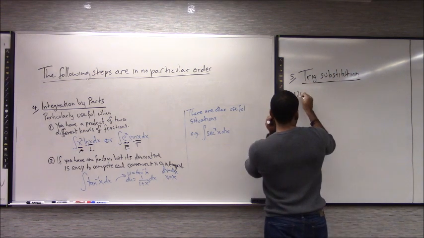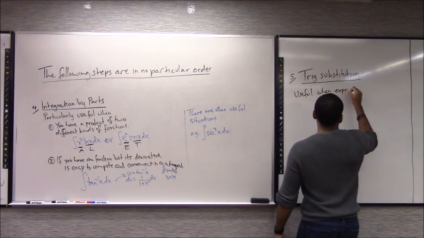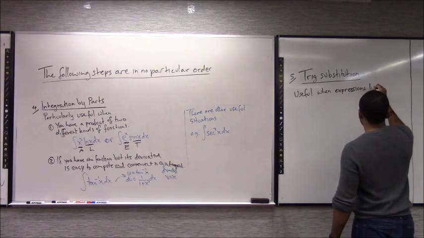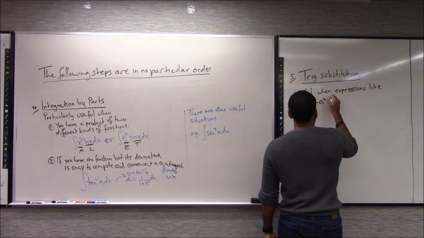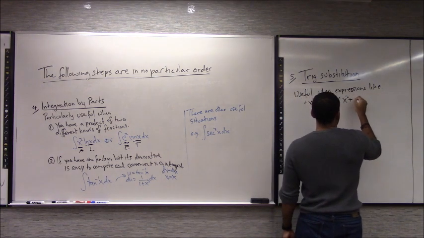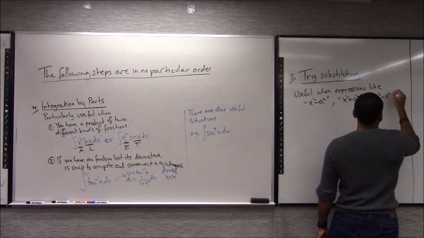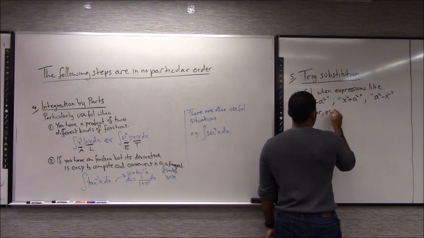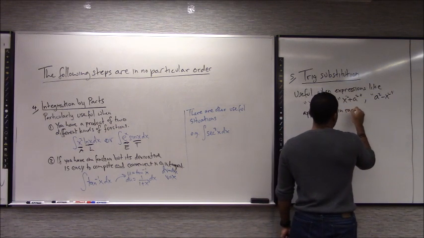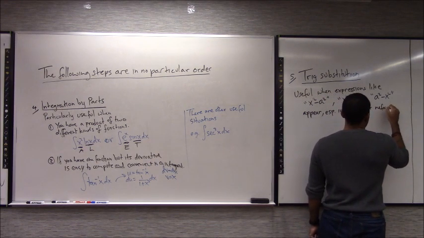Right? So this is useful when expressions like x squared minus a squared, or x squared plus a squared, or a squared minus x squared appear, especially in radicals or in various situations.